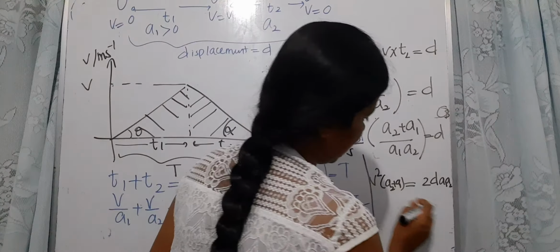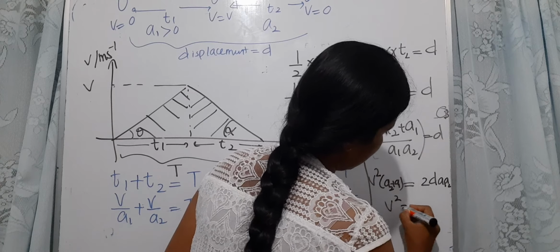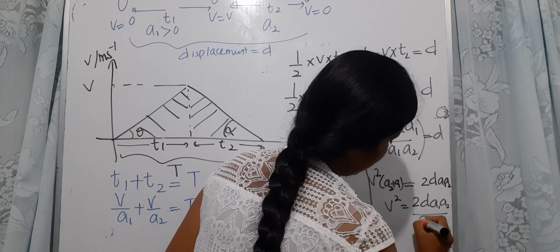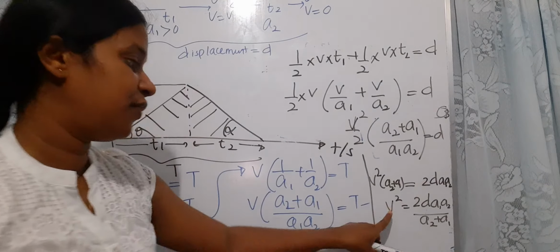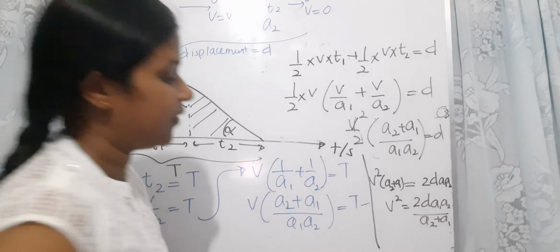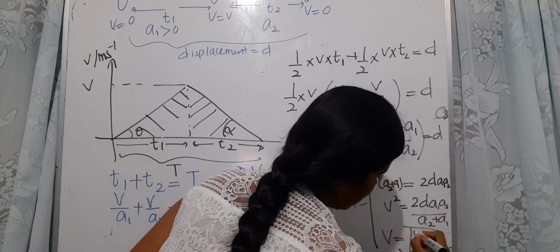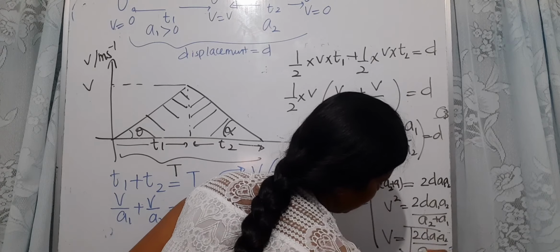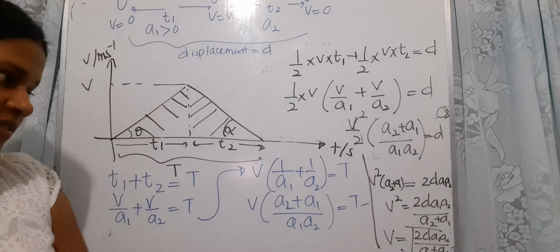Then again, I can divide it by this part. V squared equals 2 times of D, A1 A2 over A2 plus A1. Then I should find V value here. Therefore, I have to get the square root of this, 2 times of D, A1 A2 over A2 plus A1. This is the expected answer for V.